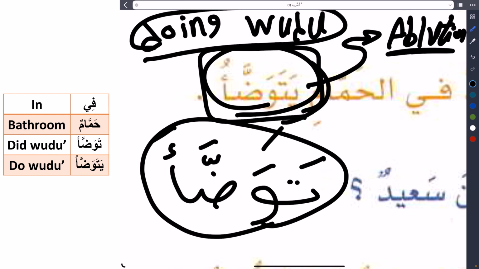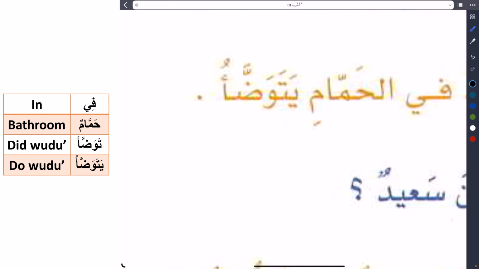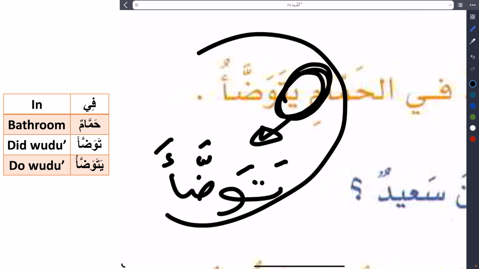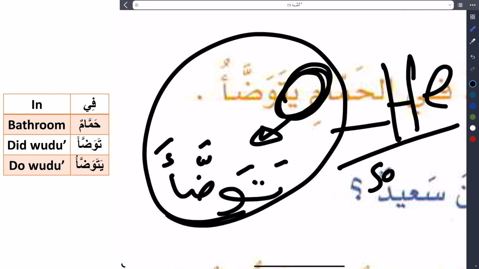So, someone is doing wudu is yatawadda'u. Someone did wudu is tawadda'a. Present yatawadda'u and past tawadda'a. But, focus with me, these two verbs, the one that starts with ya in the present and the past, tawadda'a, those two verbs are used with he or someone.